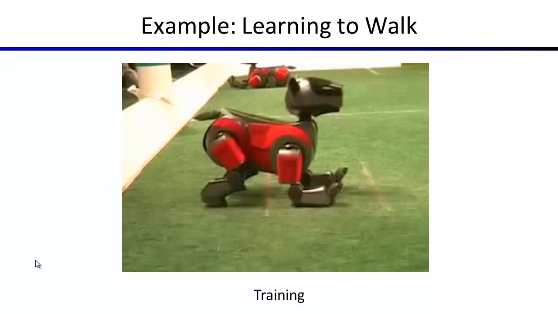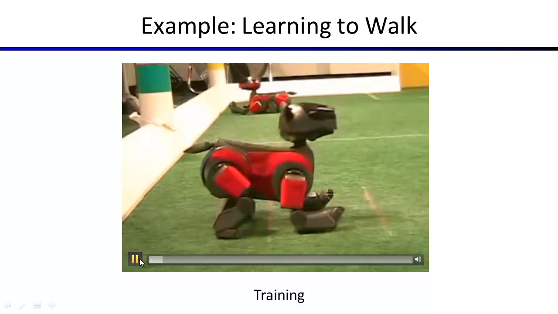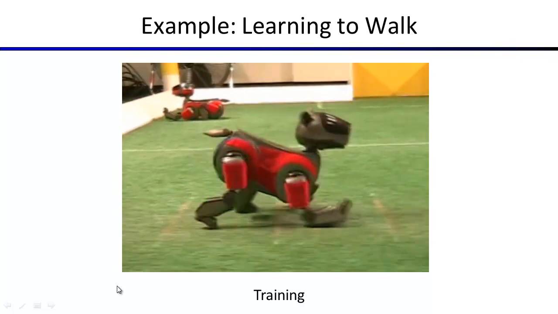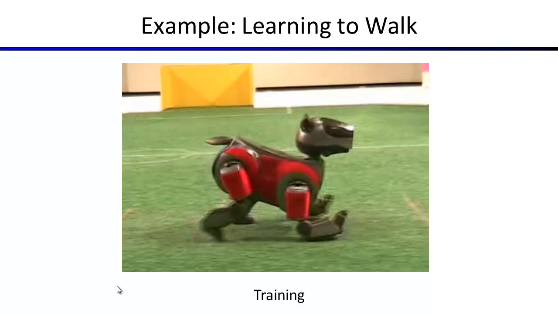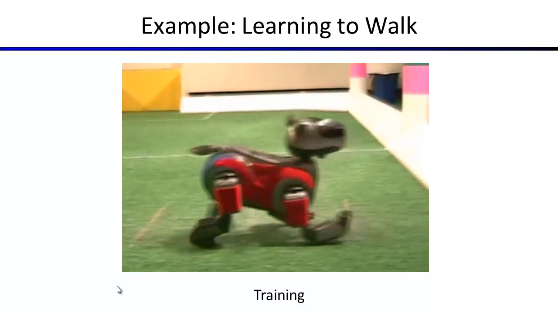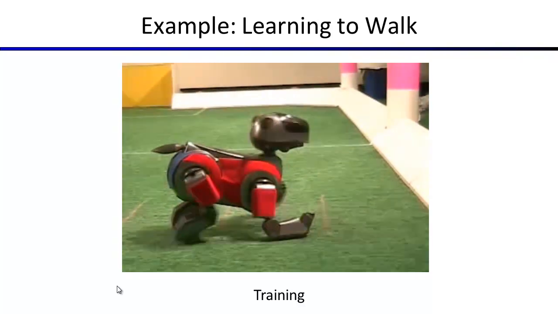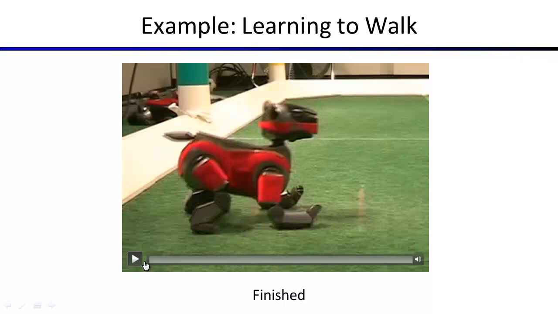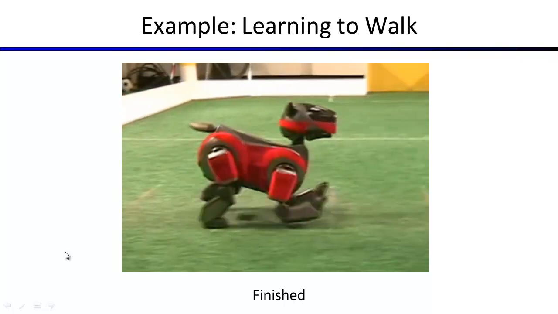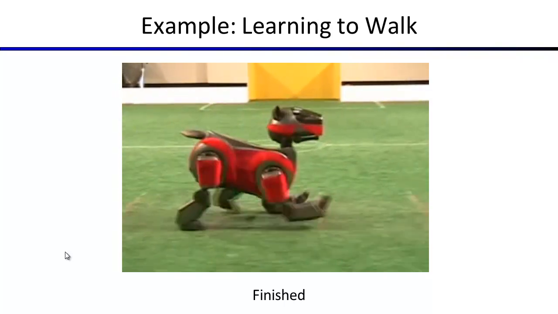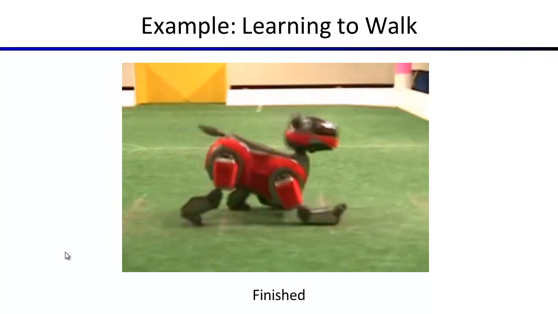And that's what they did when playing these games. This is an example of the training phase. Here it's somewhere in the middle of the training phase. It's already making faster progress than it used to in the initial hard-coded policy. And then here is what you get once it's finished training, fully converged. It walks a lot faster than the hard-coded policy was able to achieve.